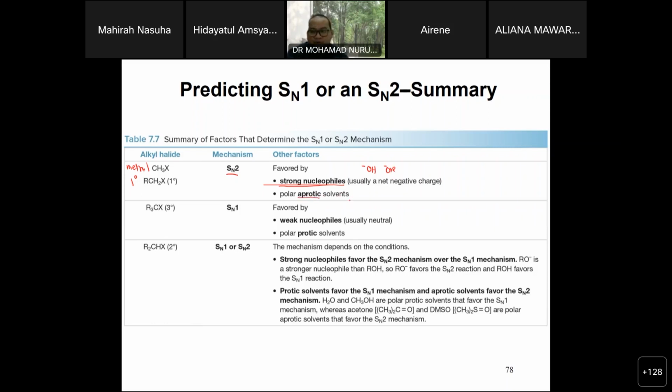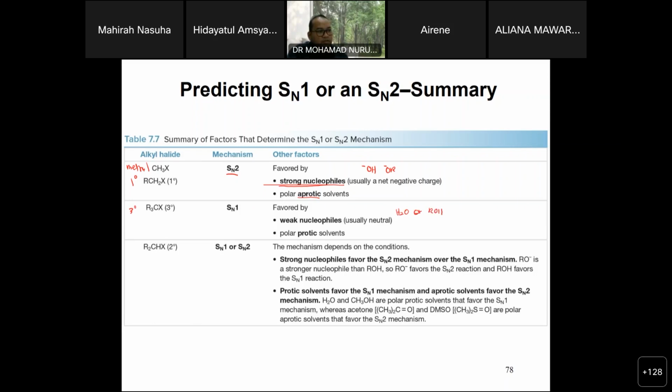Find the example of aprotic solvent from the early slides in this chapter. For tertiary alkyl halides, it only favors SN1 reactions, with a weak nucleophile. Weak nucleophile is usually water or alcohol.